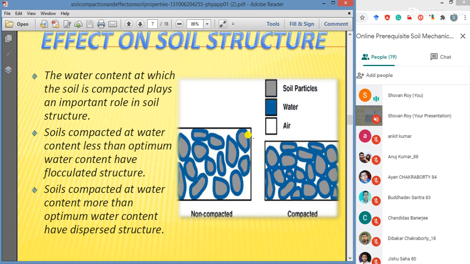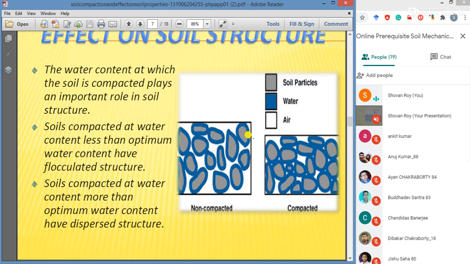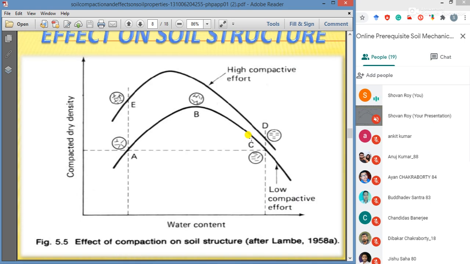This kind of phenomenon only happens in clay soil. So this is the basic difference, but the important thing in this theory is this figure.